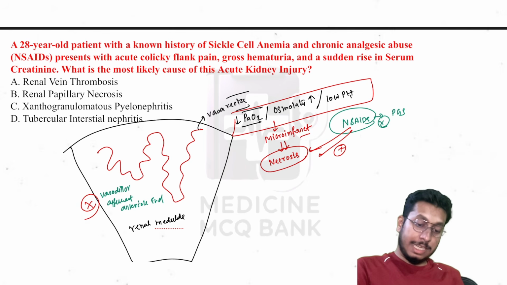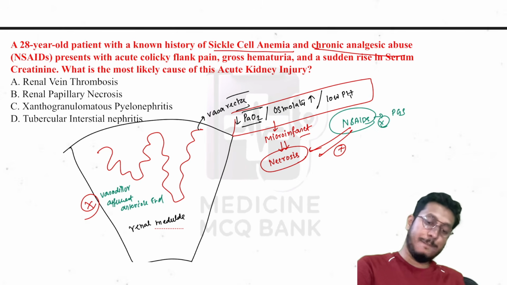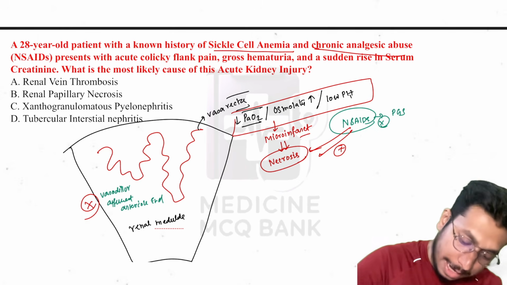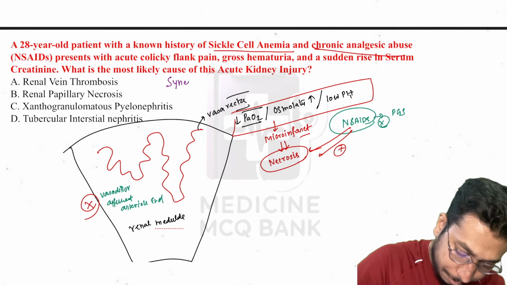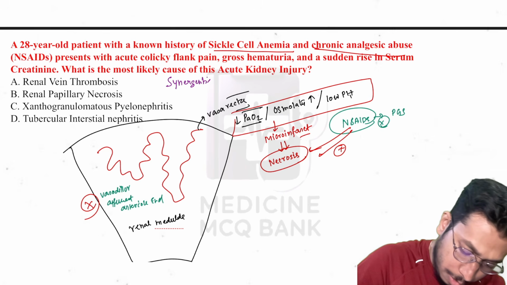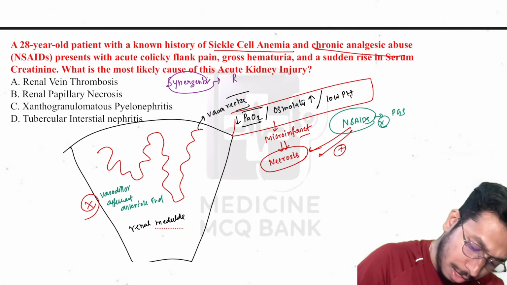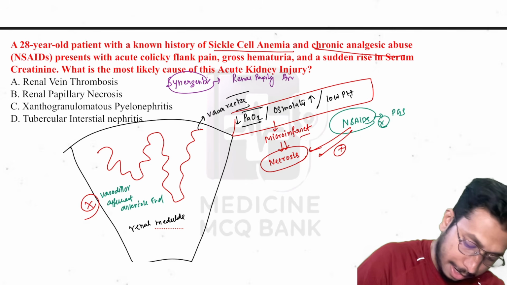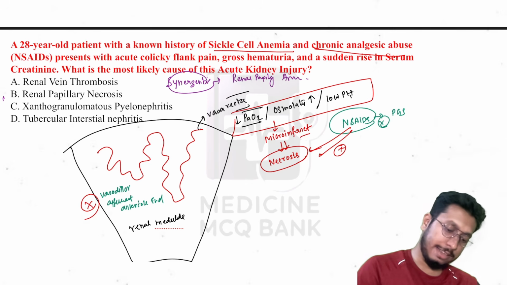So a patient with sickle cell anemia along with chronic analgesic abuse has a synergistic action which results in renal papillary necrosis. Therefore, the answer here is option B.